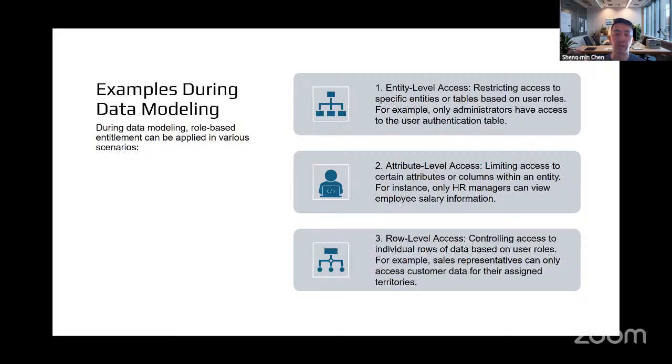So definitely database is one. Table is pretty easy to see who has access to a certain table, and who has not. You can use role entitlement or user entitlement methods. But not only that, a relational database allows you to define access levels all the way down to columns and rows.